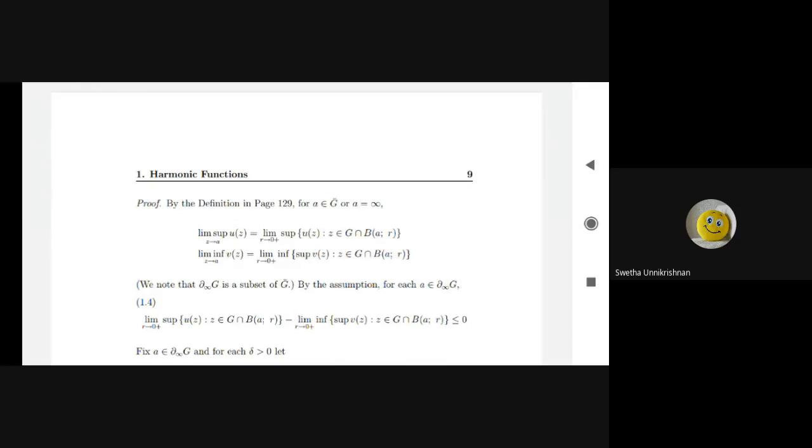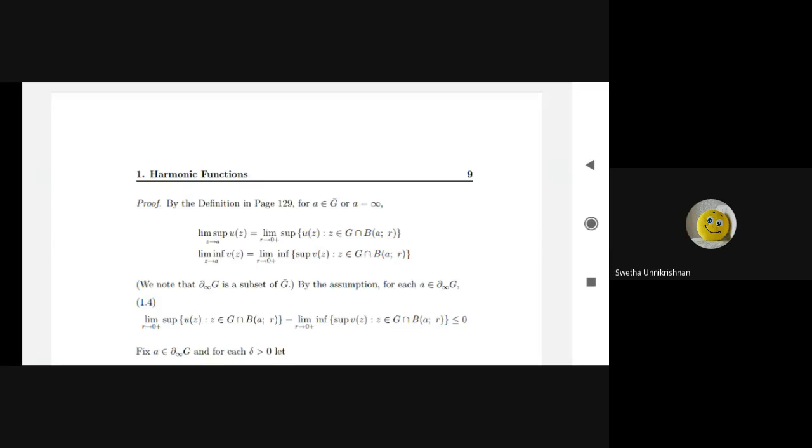Here, first we have to understand what the limit superior of u of z as z approaches a is. It is equal to the limit r tends to 0 plus of the supremum of u of z, z belongs to G intersection B of a, r.